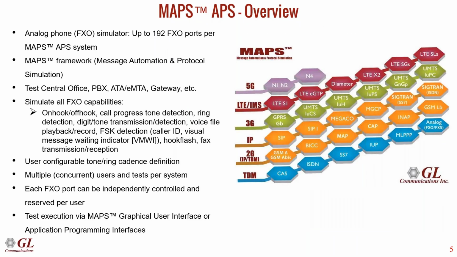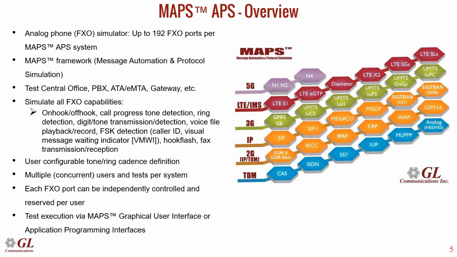Yeah, so a couple of things here. Number one, when we're mentioning we can support FXO, we can also support FXS. So we can either be the phone, the analog phone, or we can be the exchange or the station. So we can emulate either end of the call.